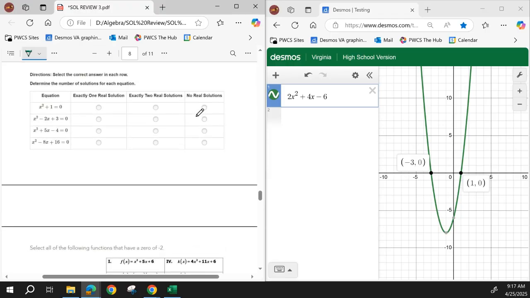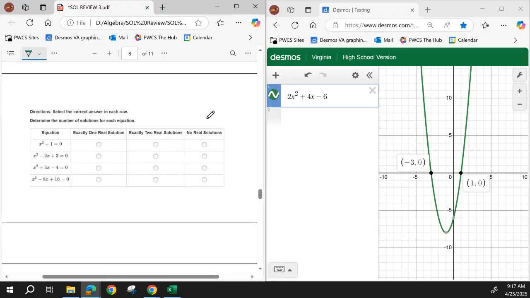And then on this last one, we're looking for solutions. We don't have to get hung up on what is a real solution. We're looking to see how many places do each of these cross the x-axis. If they cross the x-axis in one place, you would click that button. If it crossed in two places, you would click that button.